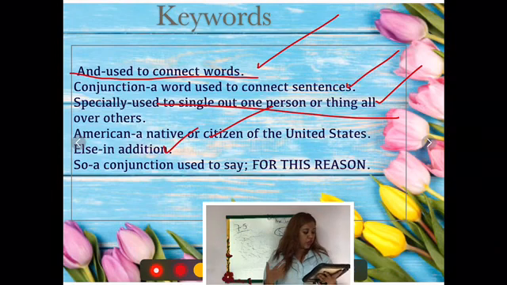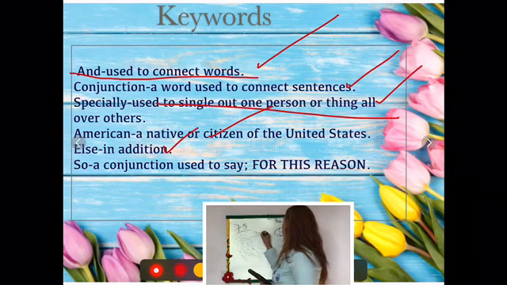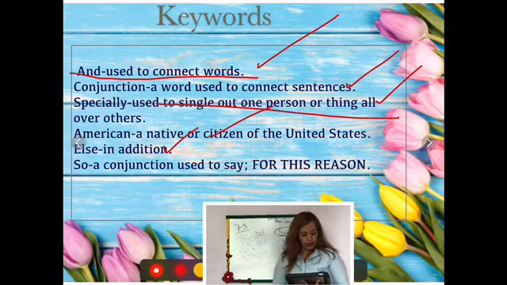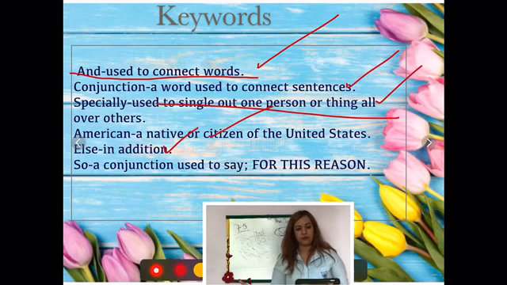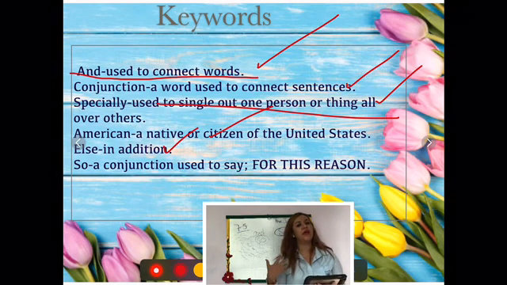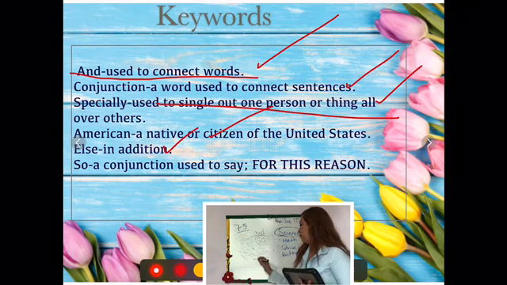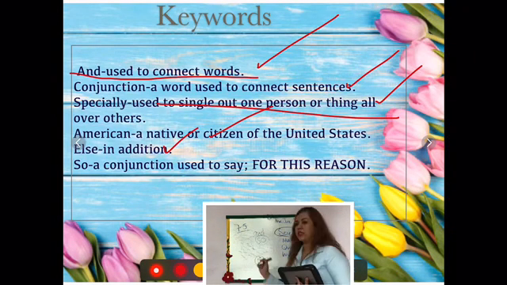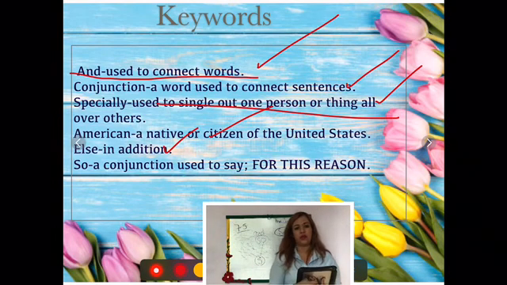Okay, a conjunction. So this one here, we already went over the conjunction and now we're going over the conjunction. So this one here is used to say for this reason. I didn't study for my quiz, so I had a 5 for that reason. So I had a 5 in my quiz.